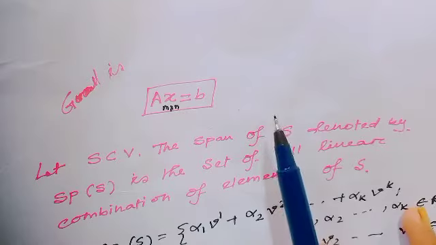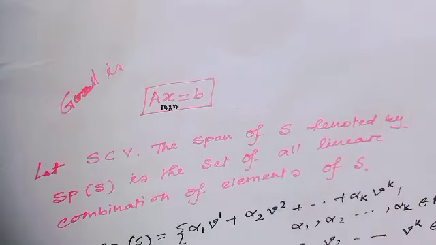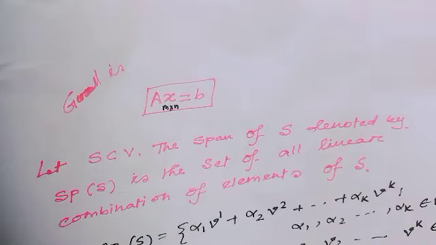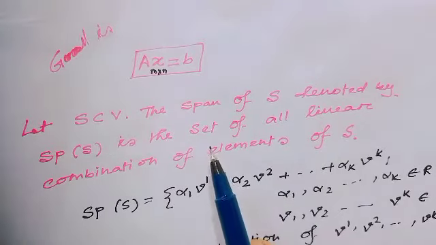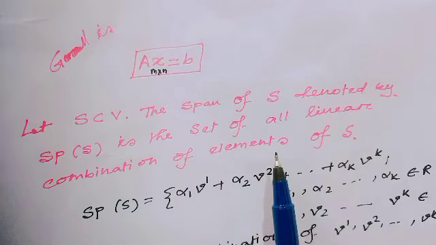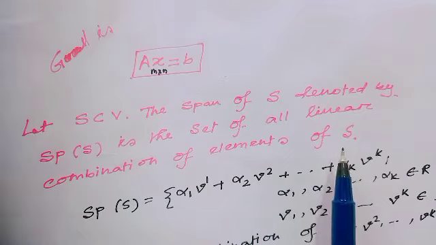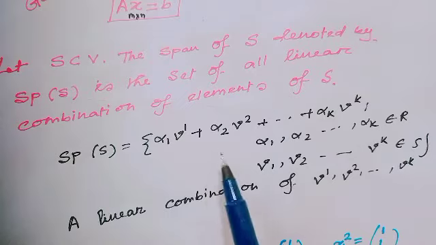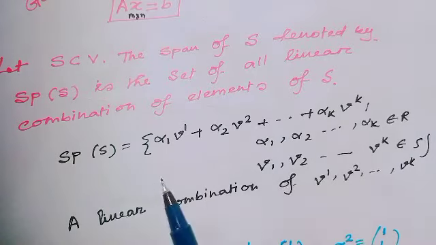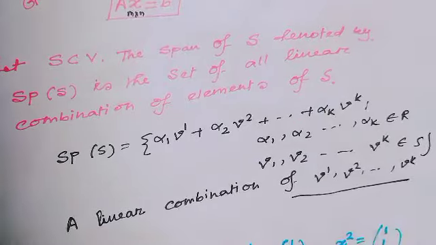Next goal is the solution of the equation Ax equal to b. For this solution, at first recall the span of S. We all know the span of S is the set of all linear combinations of vectors in the set S. If S contains vectors v1, v2, up to vk, then the span of S is the set of linear combinations of v1, v2, up to vk.